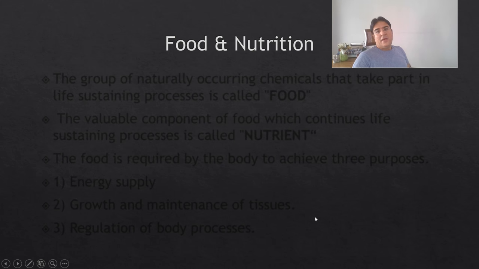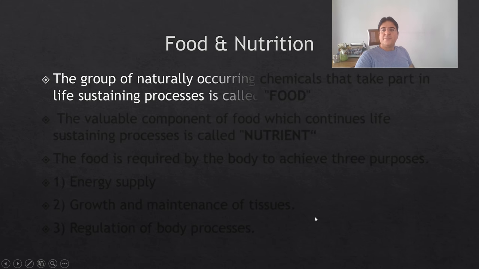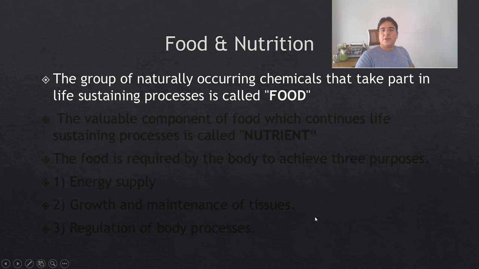Okay, important thing, what is food? Food is the group of naturally occurring chemicals that take part in life-sustaining processes. Okay, this is a glass. I will not eat this glass. Why not? Because the chemicals from which the glass is made is not going to take part in life-sustaining activities inside my body.